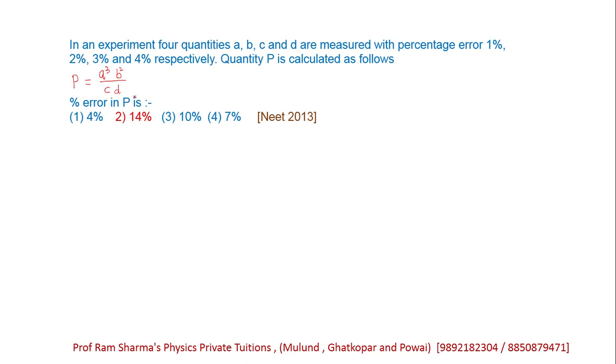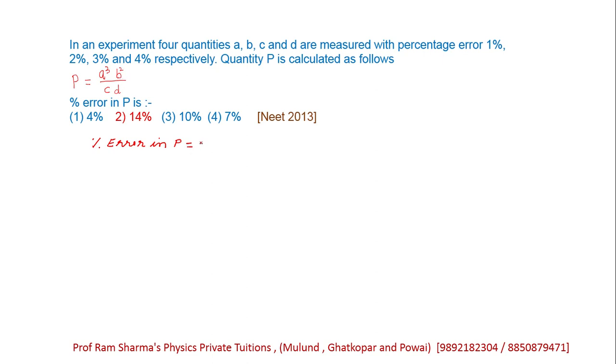So it's a very simple question and very easy. Let's solve. It's a very simple thing. Let's do it like this. Percentage error in P will be equal to, now we have A cube, that means A is present 3 times.